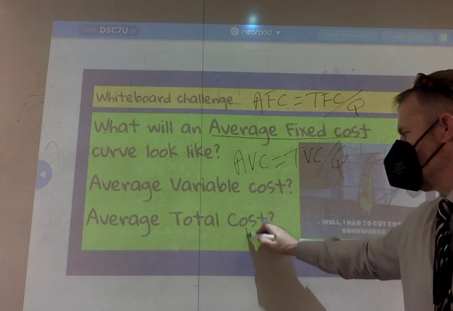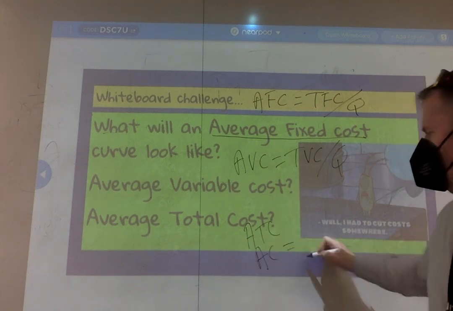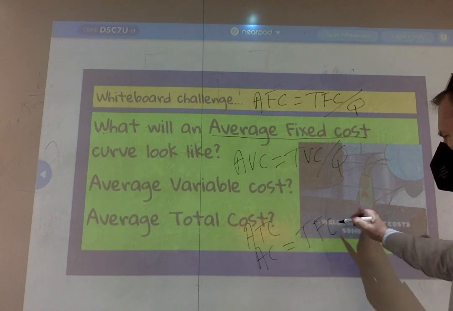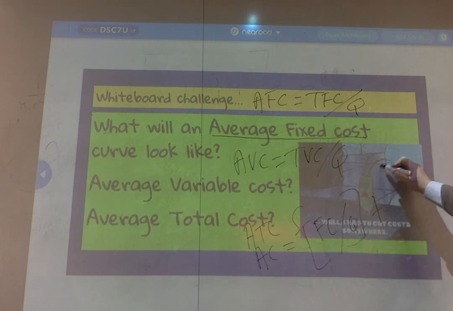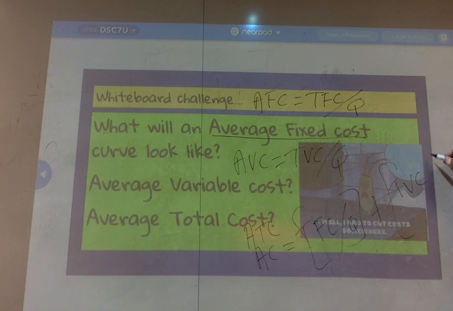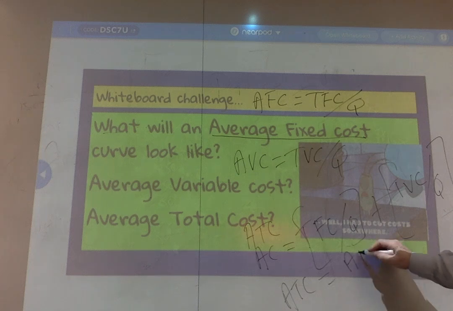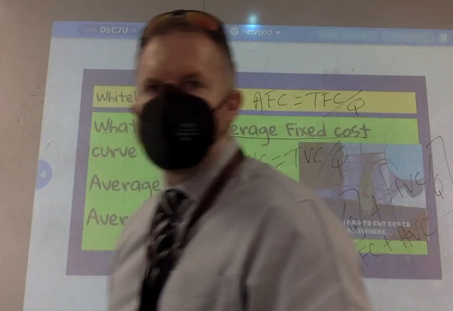Your average total costs, in other words, average cost, is equal to either the total fixed cost divided by quantity plus total variable cost divided by quantity, or average total cost is equal to average fixed cost plus average variable cost. And again, mathematically, you can play with them.